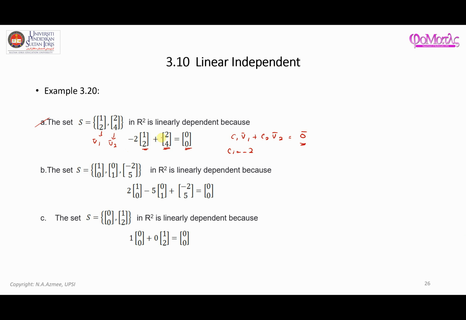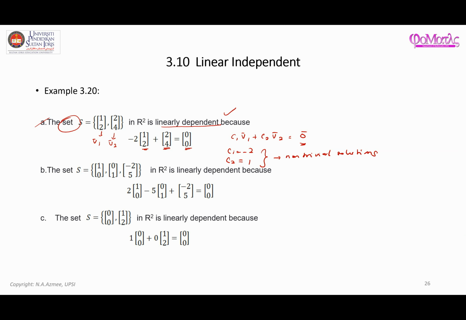For the second scalar, although it is not written, we all know its value is 1. Since we have a non-trivial solution, meaning we don't get all zeros as our answers, we can say that the set is linearly dependent.